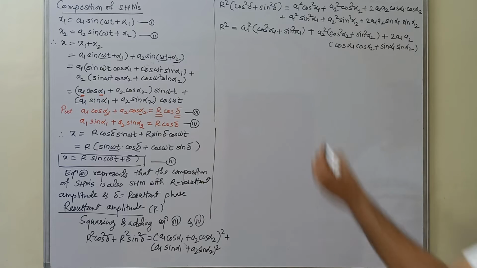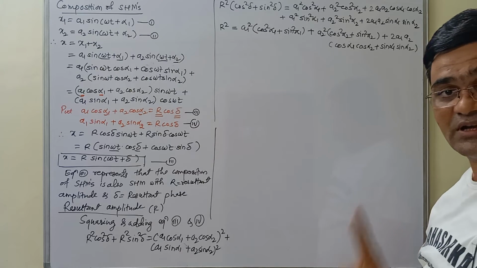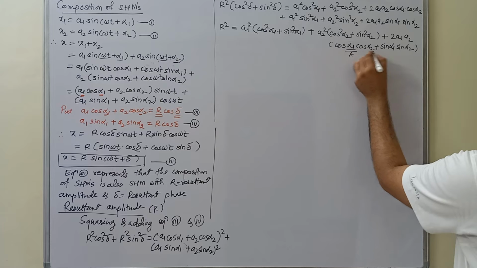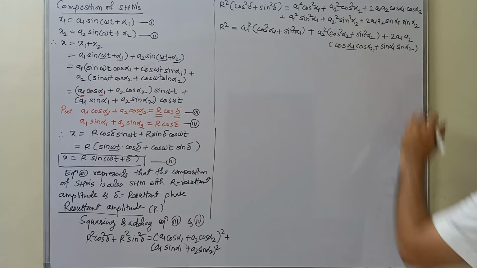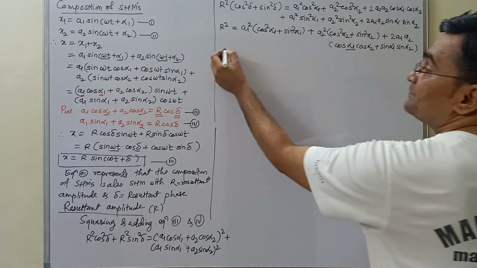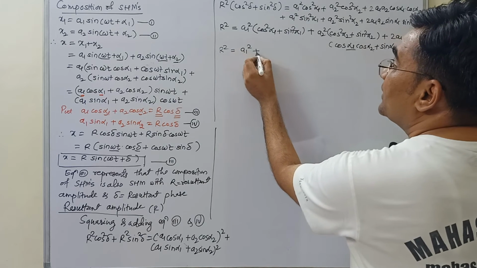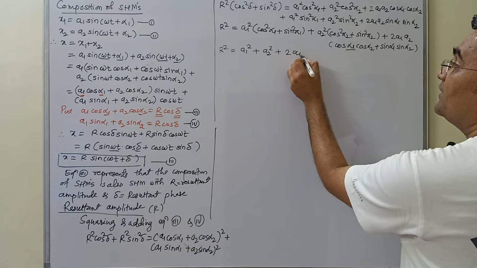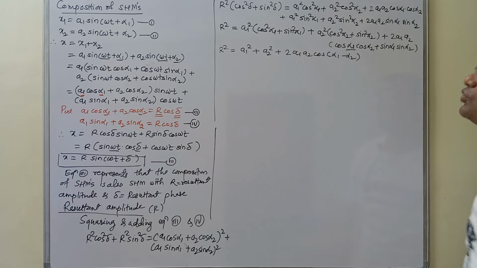Done. What value is this? Sin square theta plus cos square theta is 1. This is also 1. Call this a and this b. So it is like cos a cos b plus sin a sin b. What expansion is this? Cos of A minus B. So what we are going to get? R square is equal to A1 square plus A2 square plus 2A1 A2 into cos alpha 1 minus alpha 2.